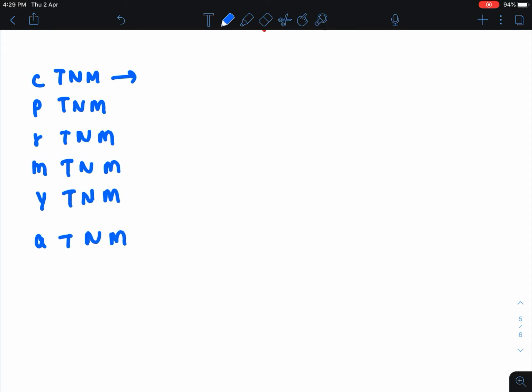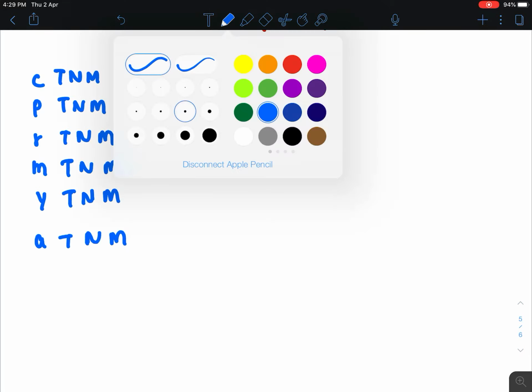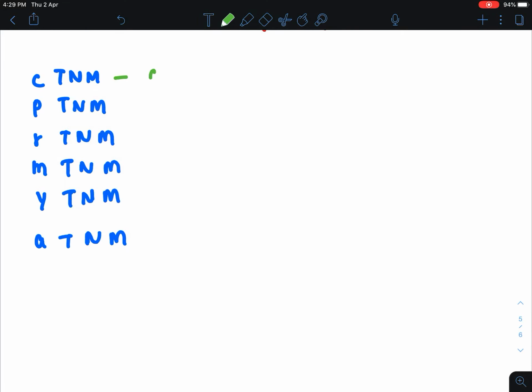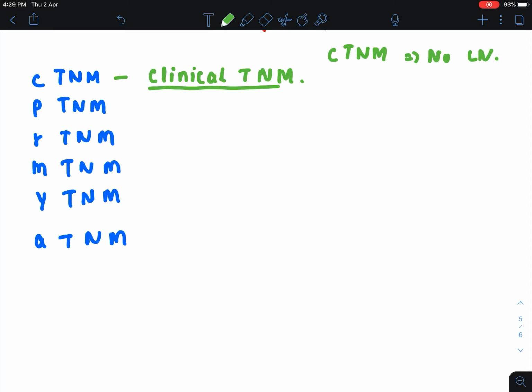In cTNM, C represents clinical TNM. When the surgeon clinically feels whether lymph node is present or not, that will be the clinical TNM. But when in cTNM you get no lymph node, then you can do the pTNM.